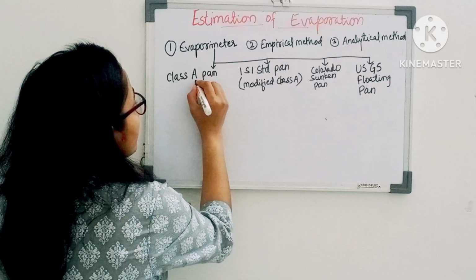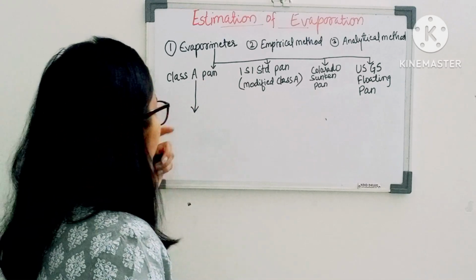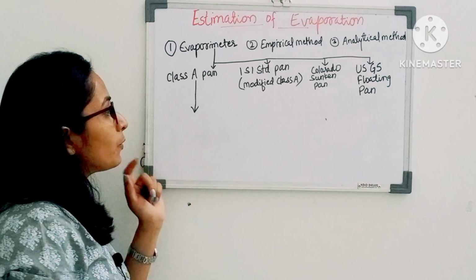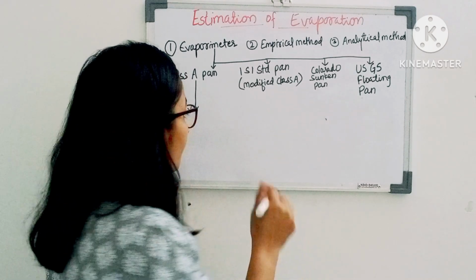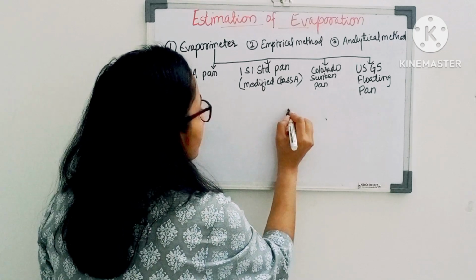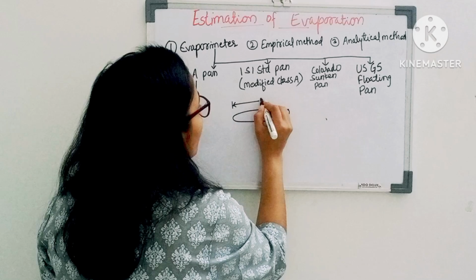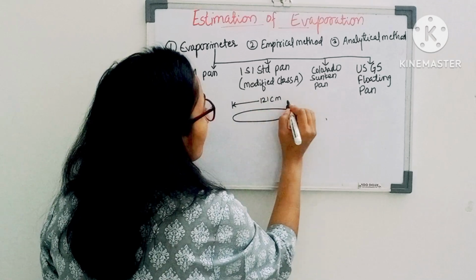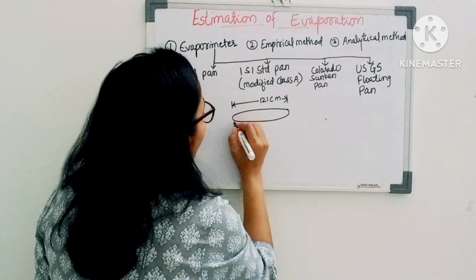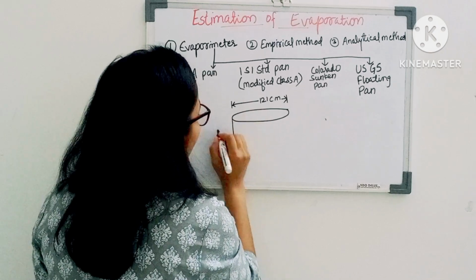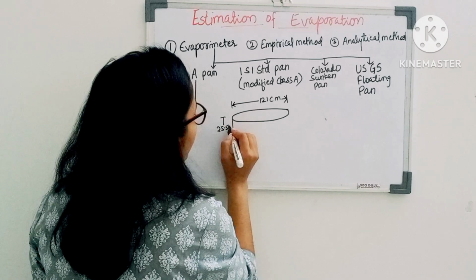First we discuss the class A pan evaporimeter. The class A pan evaporimeter consists of a galvanized iron pan, and the diameter of the pan is 121 centimeter. The height is 25.5 centimeter.